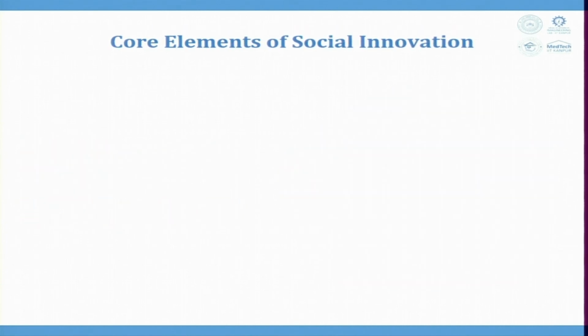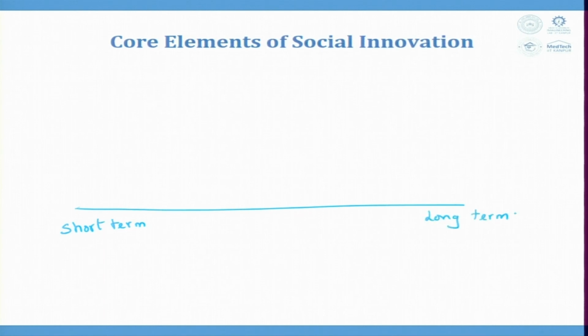Now, let us try to schematically represent these core elements of social innovation. So, this we can term as short term and this is long term. Basically, I am trying to draw an arc. This is the present time and this is the future time.